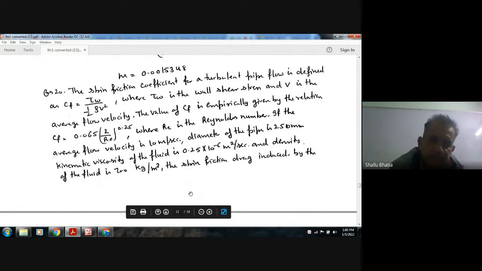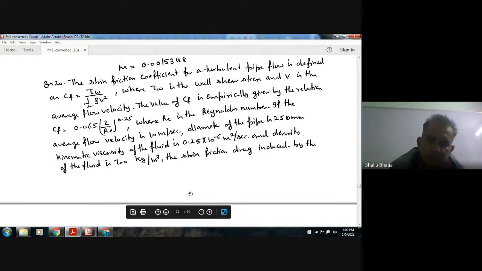Next, the skin friction coefficient of a turbulent pipe flow is defined as Cf is equal to tau W divided by half rho V square, where tau W is the wall shear stress and V is the average flow velocity. The value of Cf is empirically given by the relationship Cf is equal to 0.0652 by Re raised to 0.25, where Re is the Reynolds number.